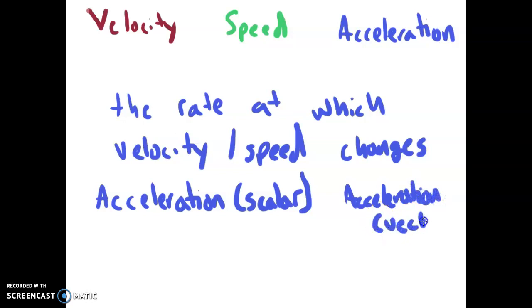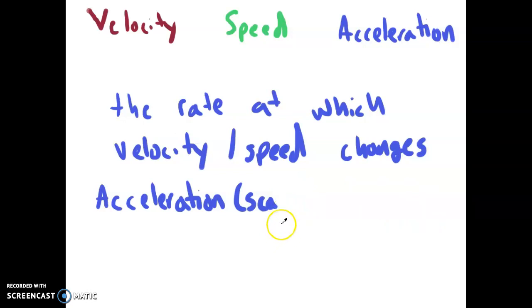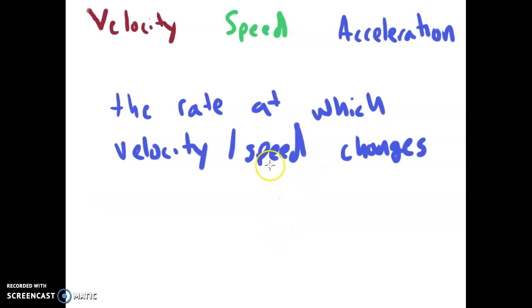And if you are interested in how acceleration can be both the rate at which velocity and speed change, then you might need to do a little bit of research on what a scalar is and what a vector is. I'm not actually going to go into that, but that will kind of give you the clue. So going back to our definition here, acceleration is the rate at which velocity or speed changes.